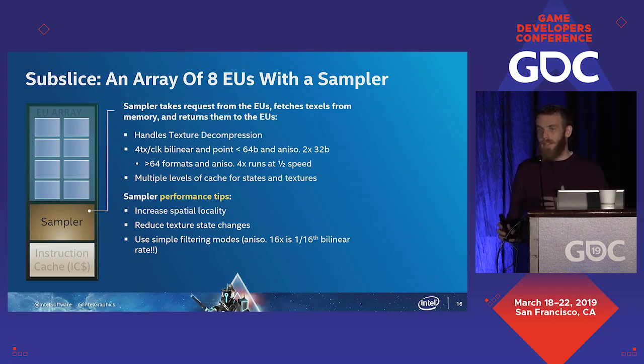It seems logical, but sometimes we're surprised to still see that. On mainstream hardware, try to use simpler filtering modes. As an example, anisotropic 16x is 16 times slower than bilinear filtering, and you probably should not be using it on mainstream hardware.